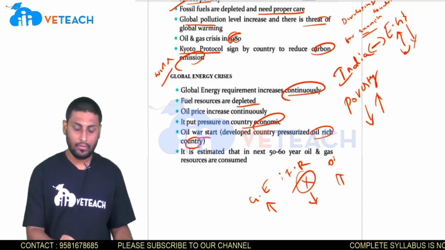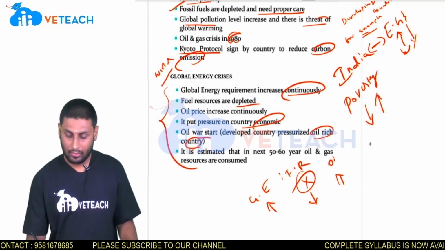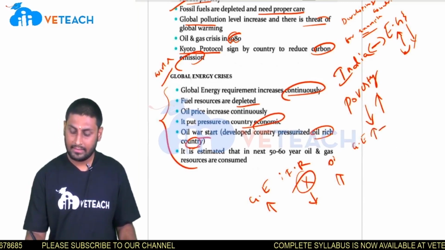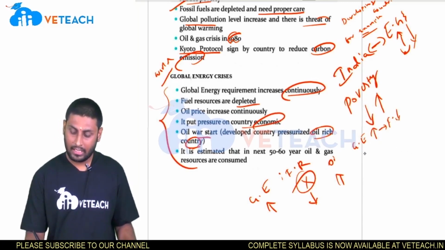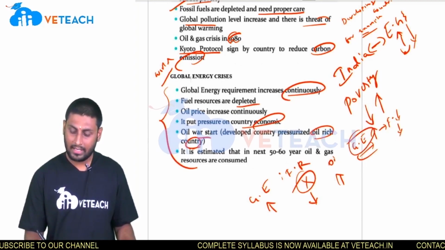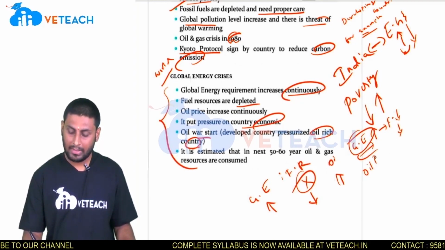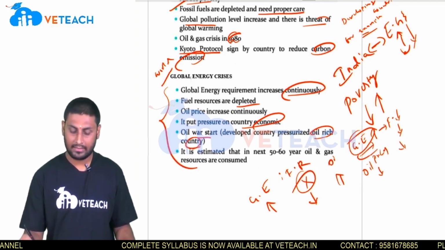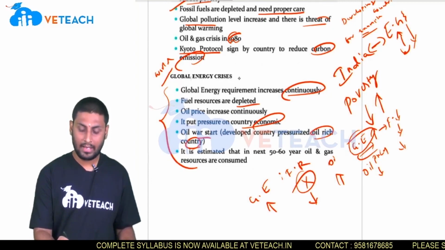For better understanding, global energy is increasing continuously and there is a decrease in oil. Not only global energy, but oil prices are also increasing, and fuel is continuously decreasing. This is the process of the global energy crisis.